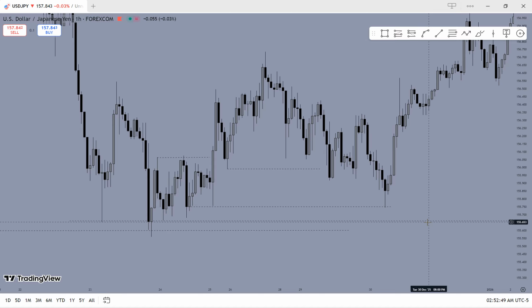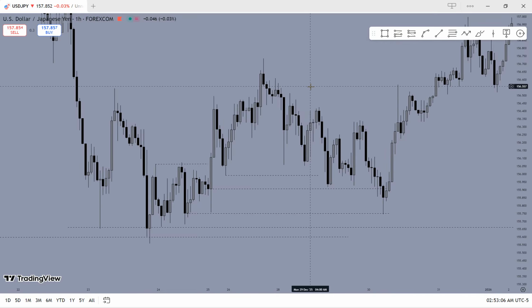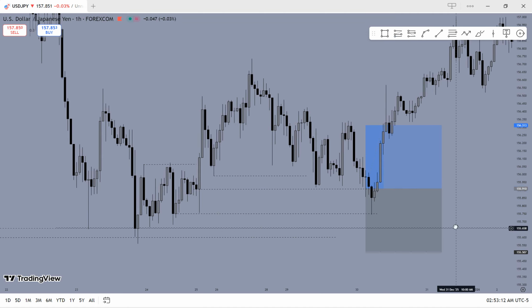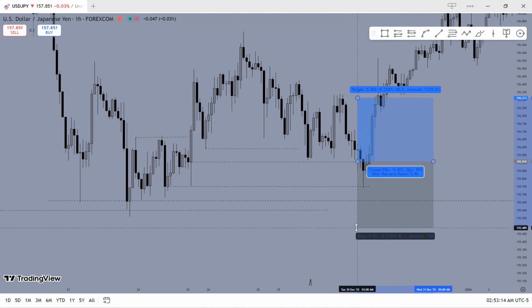And then you might be wondering, why are you not using this one right here? You can use this one right here, but then you have to accept the stop loss. You have to accept your stop loss to cover this low right here.